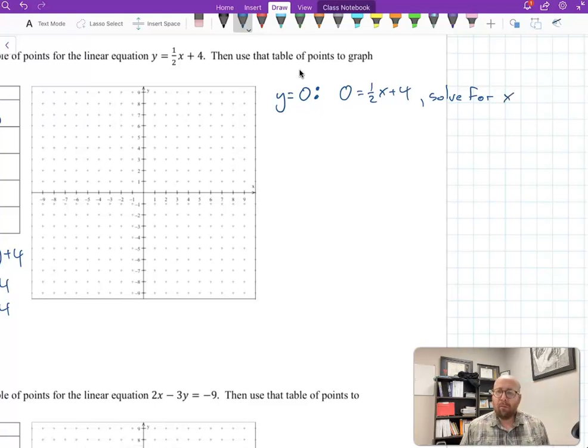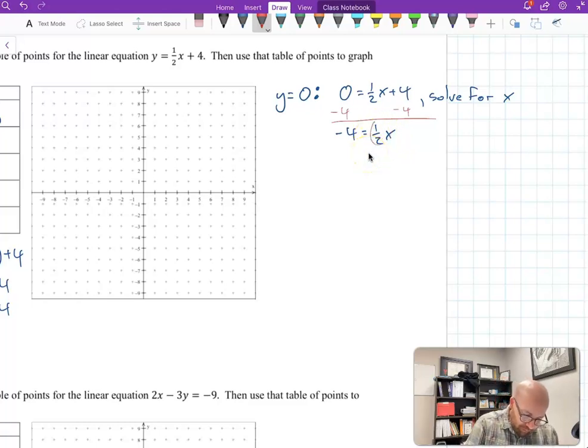Okay, well, we've dealt with equations in this course before. We've dealt with solving for a variable. How are we going to solve for this variable? Well, we would subtract 4 on both sides to give us negative 4 is equal to 1/2 x. How do we isolate x if it's being multiplied by 1/2?